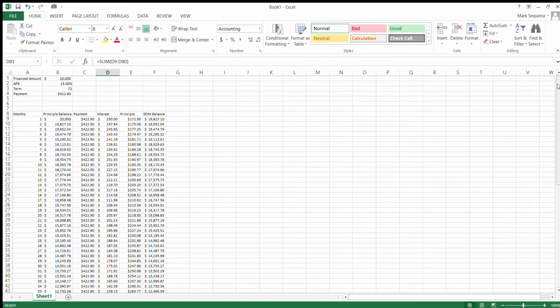Well, one way that you can save is, remember, this is the interest that gets paid every month. The way that your balance is reduced every month is based on how much principal goes towards your balance.